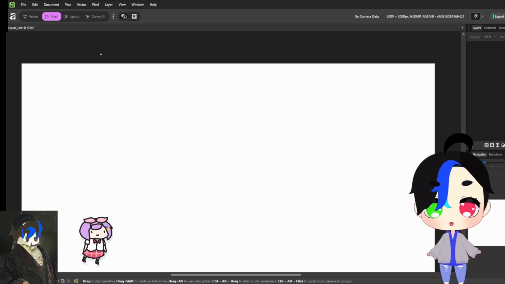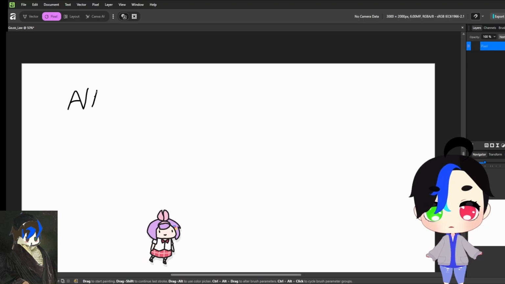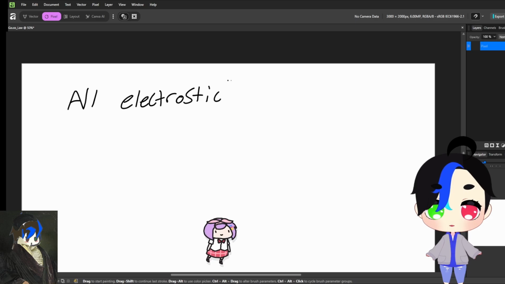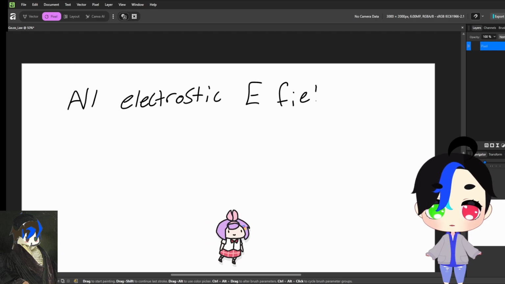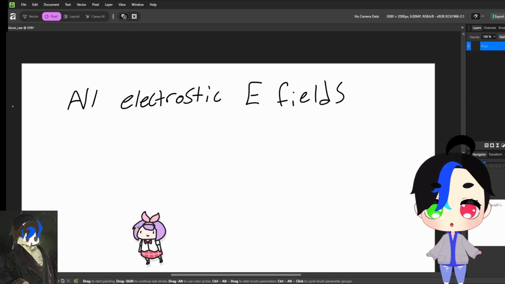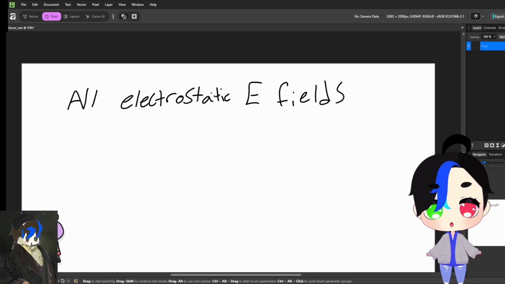This implies that all electrostatic E fields, so any electric field generated by some non-moving charge distribution, are irrotational. Remember, electrostatic doesn't mean static electricity, it means stationary.